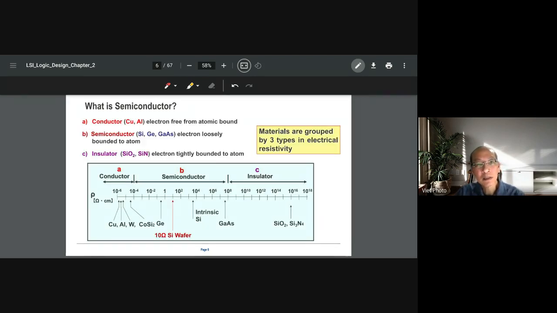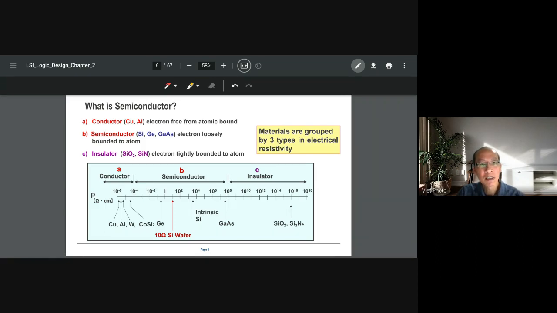For conductors, you know copper, aluminum, those kinds of things conduct. The semiconductors are silicon, germanium, gallium arsenide, I think.